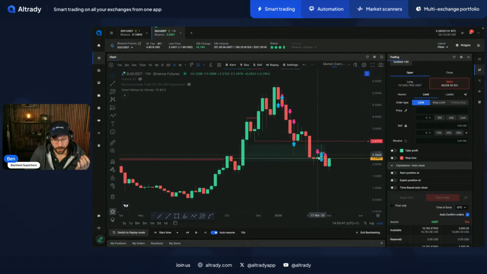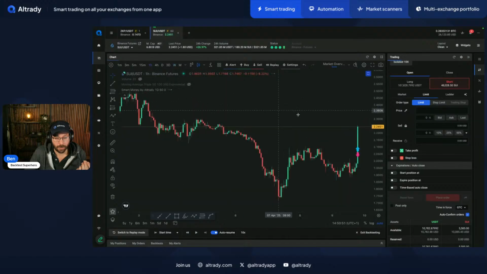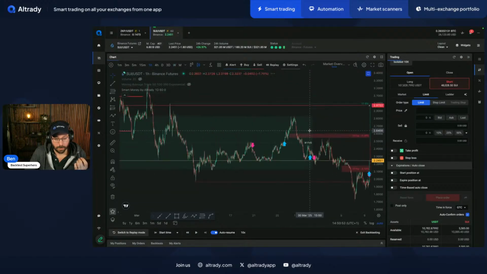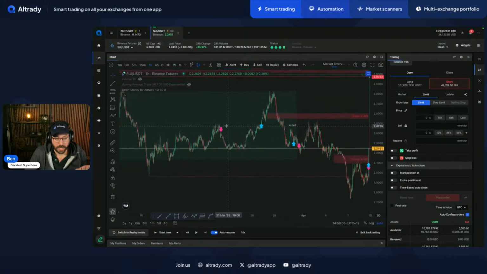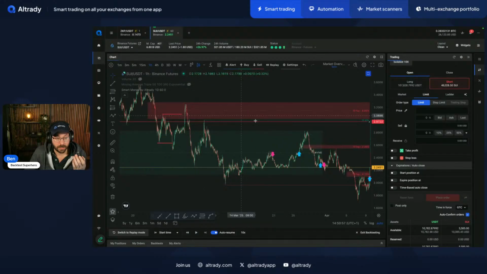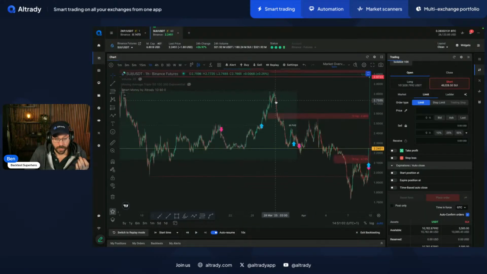We're still shorting all the way down. We're missing the shorts. We're messing them up a little bit. But yeah, we're taking the entries on the correct base. It's just that, like this one, if we could have taken it here, we didn't.